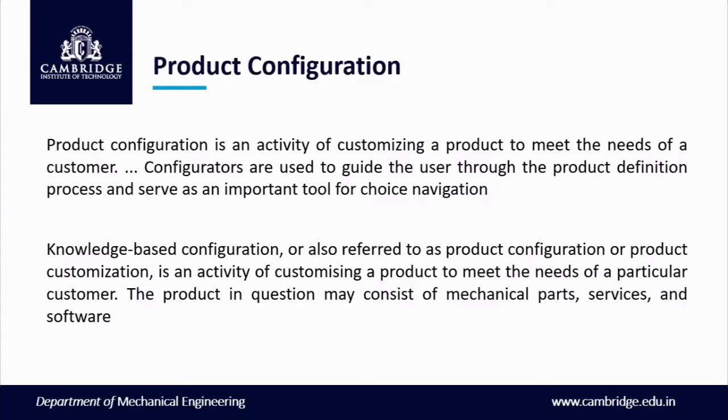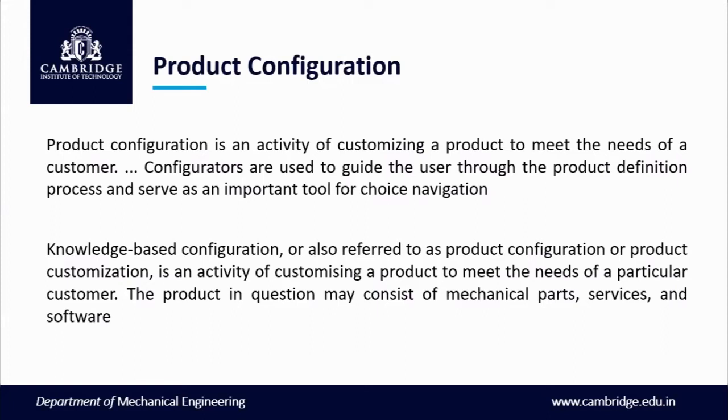Configuration is a phenomenon which helps give you the exact picture of the different set of configurations. That is why the services, the software, the mechanical parts, and the customization come into the picture. This is where configuration plays the main role.